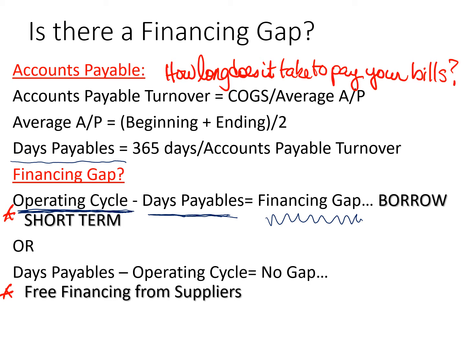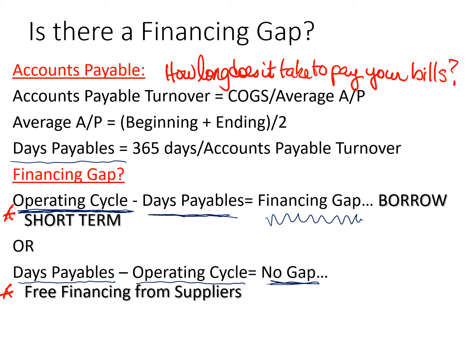So you have to borrow short-term credit in order to close that financing gap. But if your days payable is more days than your operating cycle, you have no gap and you're able to use your days payable and your operating cycle for free financing from your suppliers.